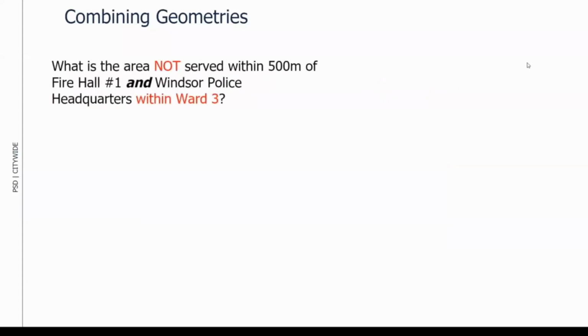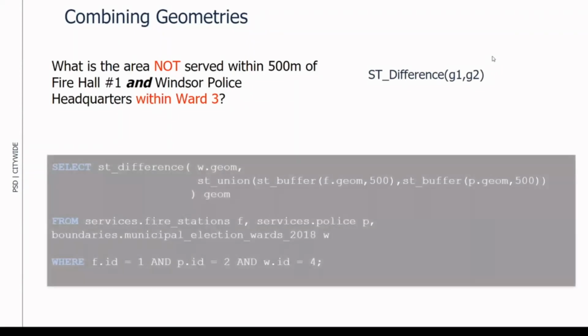So there's other things we can do in terms of combining geometries. We can also ask, what is the area not served within 500 meters of Fire Hall number 1 and Windsor Police Station headquarters within Ward 3? So we can use ST_Difference. And again, this takes the first geometry and the second geometry.